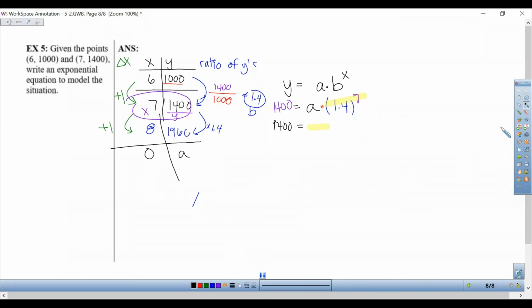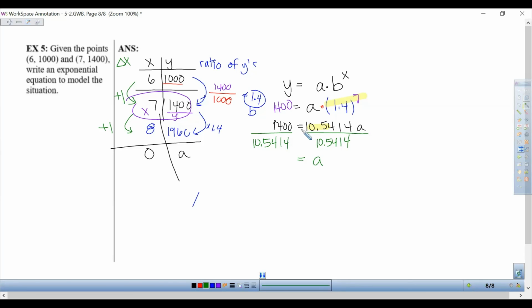So 1.4 raised to the 7th power is 10.5414a. Okay, so I'm just rearranging that to be a coefficient. I would then divide by 10.5414 on both sides to determine the value for a.